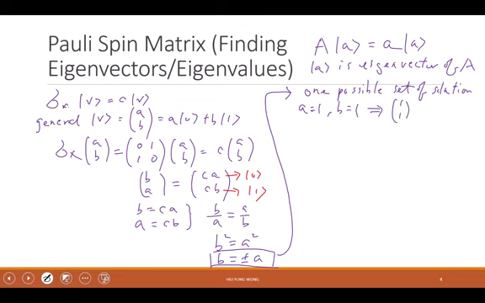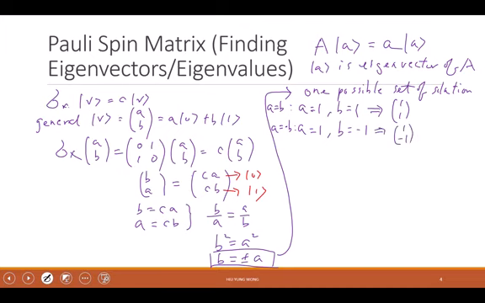Another possible set of solution is a equal to 1 and b equal to negative 1. The first one is the a equals b case. The second one is the a equals negative b case. Then I will get (1, negative 1).